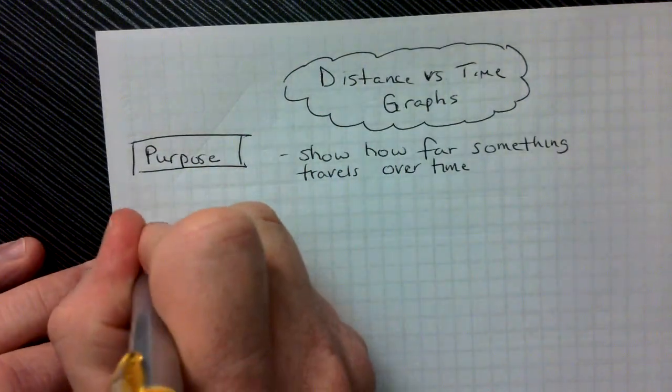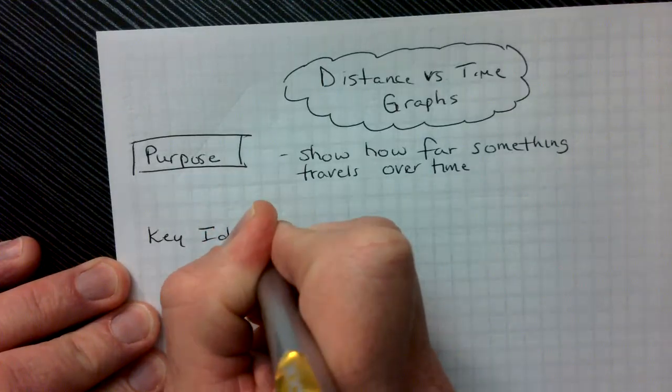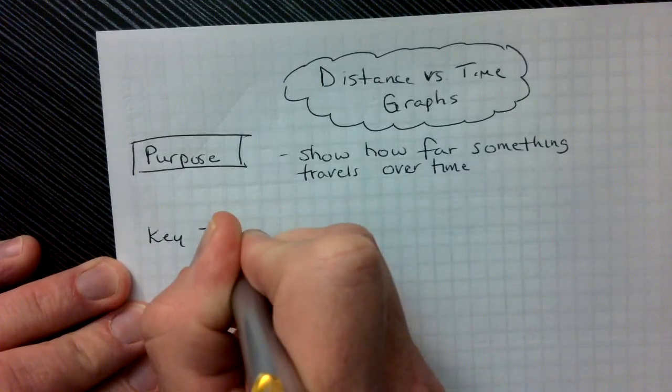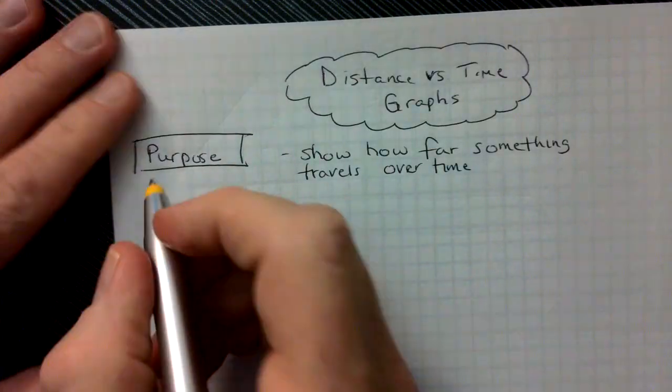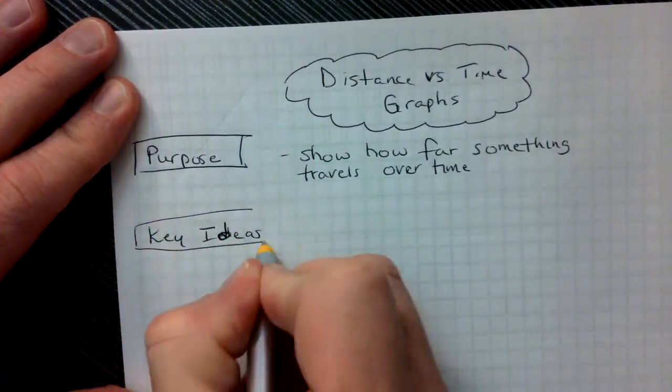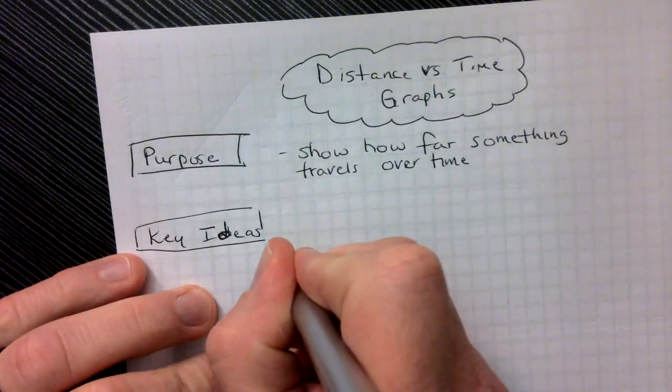There are some key ideas that I need you to remember each time you look at a distance versus time graph. Again, I apologize for my handwriting. First of all, you know on a graph that there's an x and y axis. The y axis is the vertical axis.